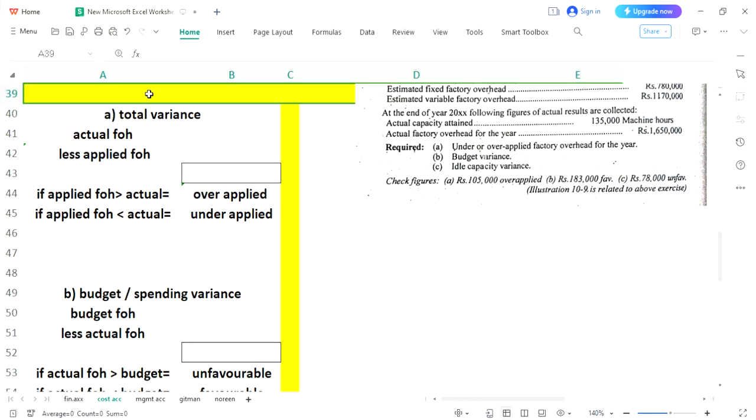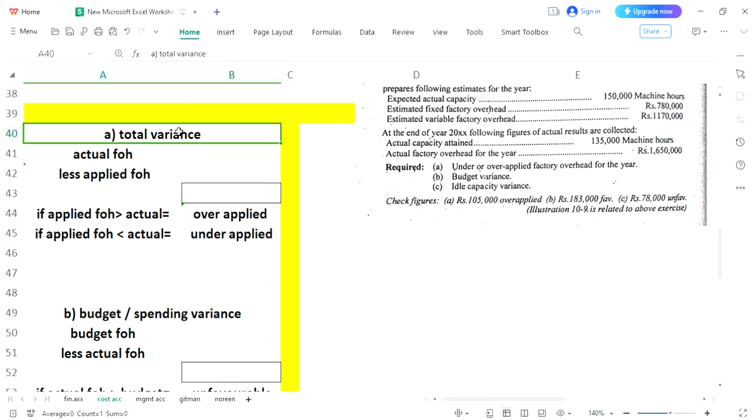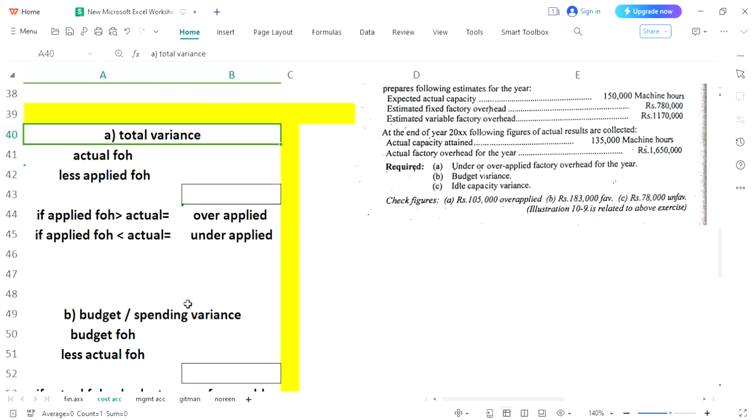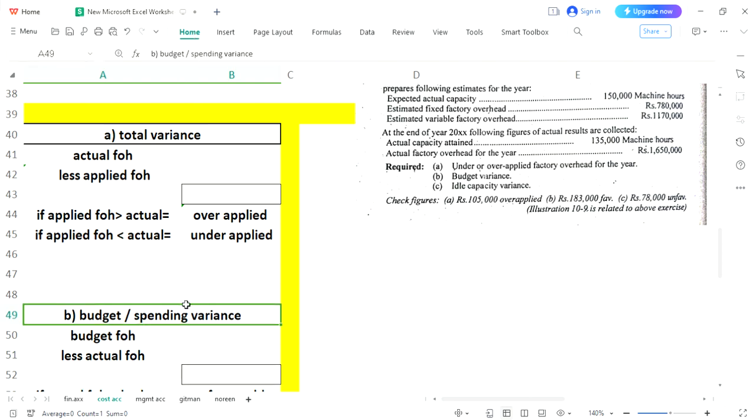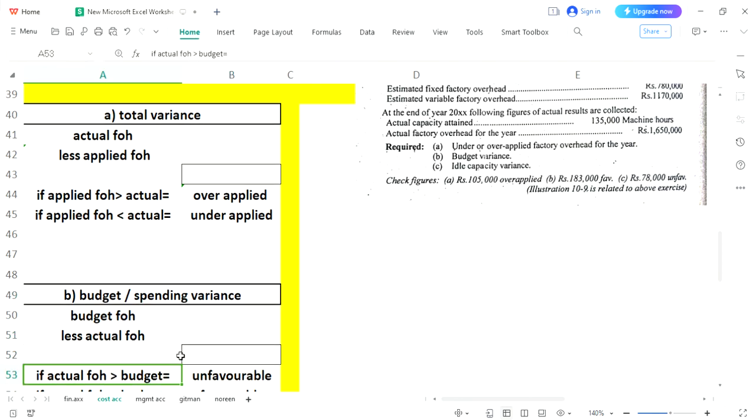We can make its heading, or at least we can put a thick square. Second was budget variance. Again we are putting a square around it. And there is a third requirement over here. You can see idle capacity variance.